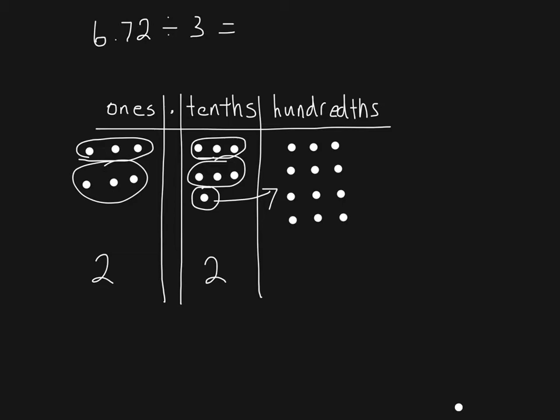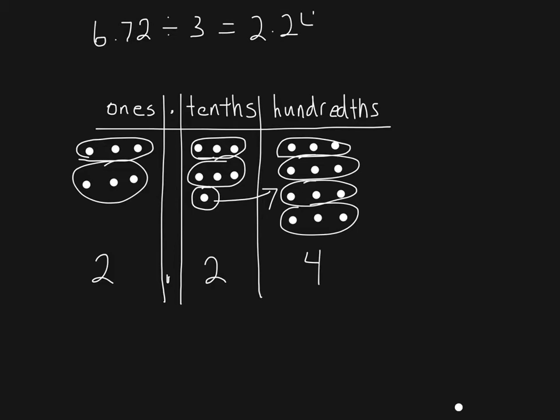So I should have a total of 12 hundredths now, and I'm going to circle the groups of 3 since I'm dividing by 3, and of course 12 divided by 3 is going to be 4. So I'll have 4 groups in the hundredths place, and my answer will be 2 and 24 hundredths.